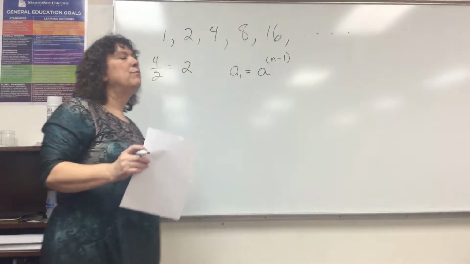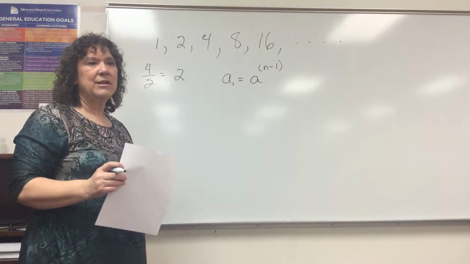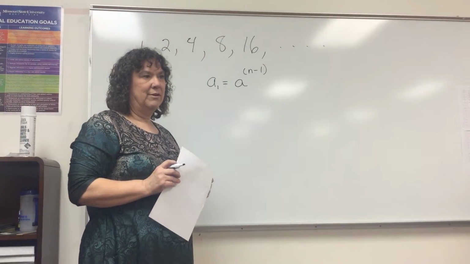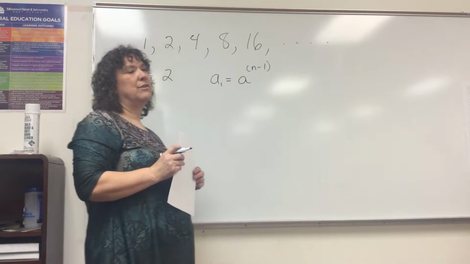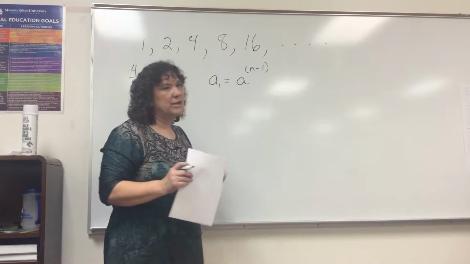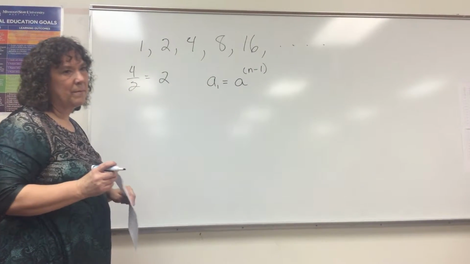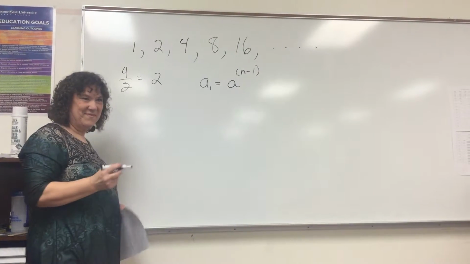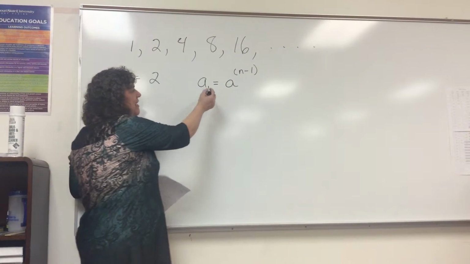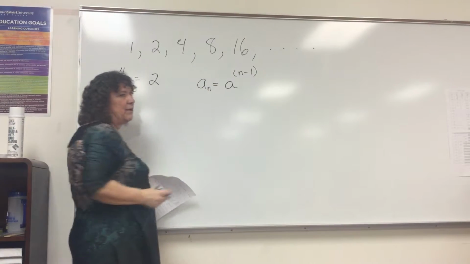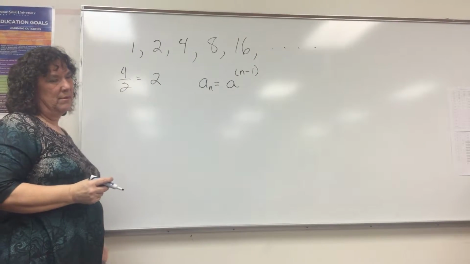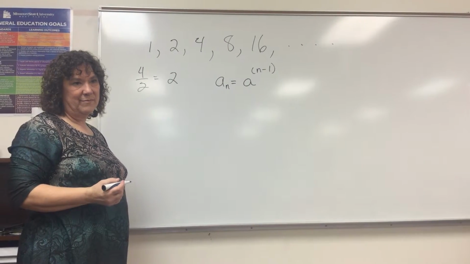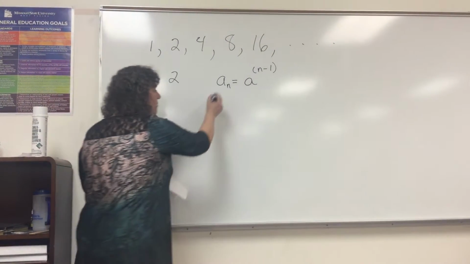What if we were to change this into a function that is exponential? What would the differences here be? So instead of saying a sub 1 or a sub n, what would that become? How do we designate a function? F of x. F of x is one possibility.